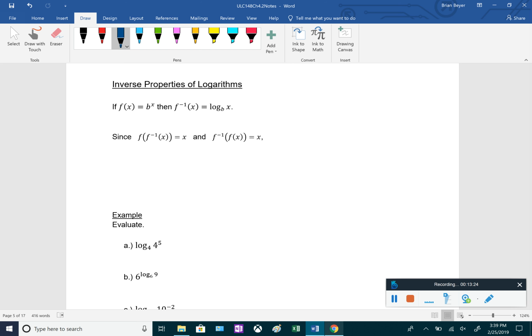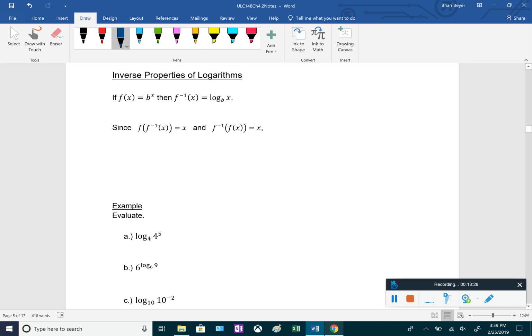If you remember back to inverse properties of functions, f of f inverse of x equals x, and f inverse of f of x also equals x. When you take an inverse function as the input to the function, essentially everything cancels except for the x.